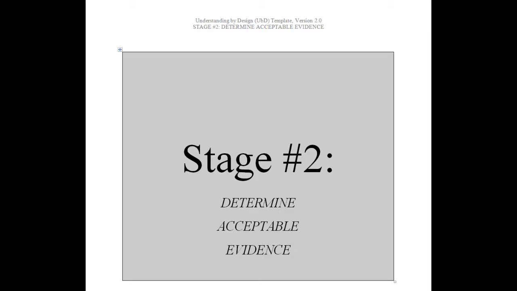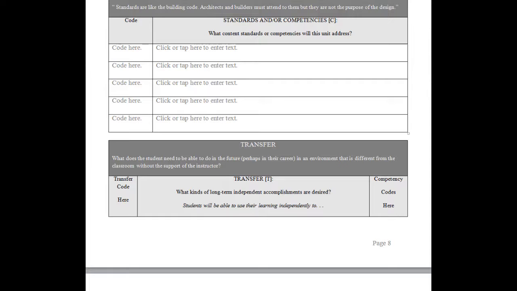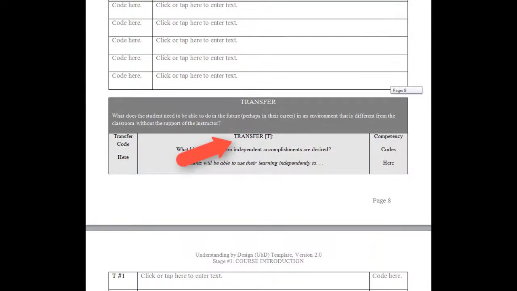Before we look at the components for Stage 2, let's quickly review some things we saw in the first segment. As you'll recall, in Stage 1 we identified the knowledge and skills that students will learn from the course. After we listed the standards and competencies, we first came up with desired goals for knowledge and transfer skills.